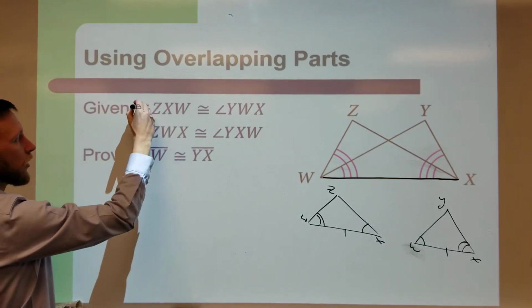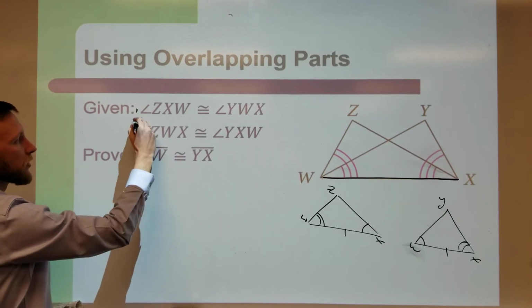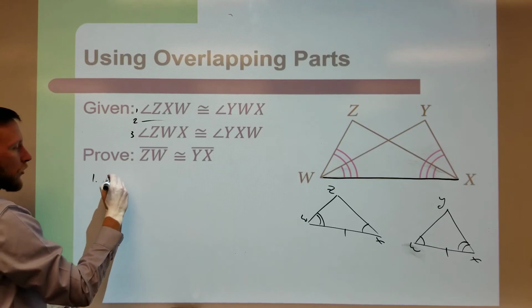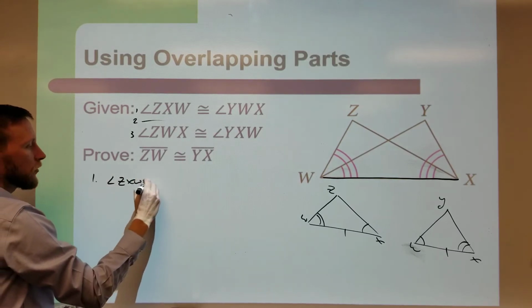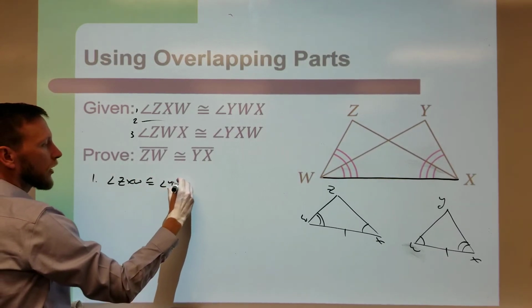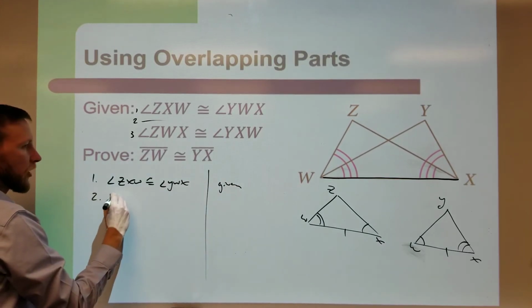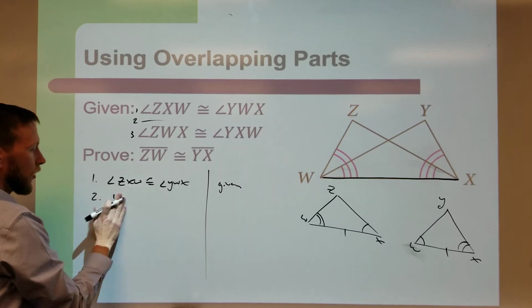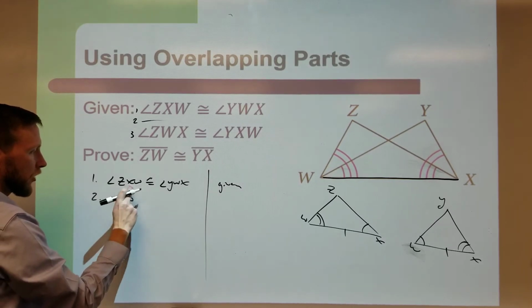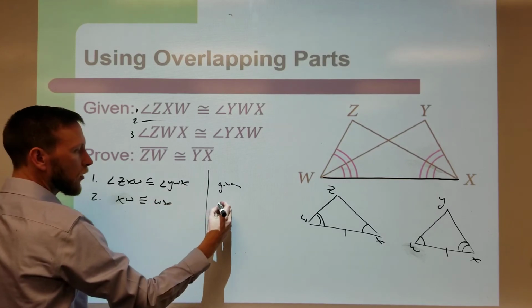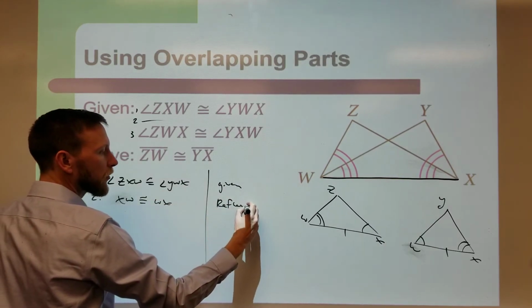This is going to be step 1, this is going to be step 3, but step 2 I'm going to use that reflexive side that I've got over there. Essentially that's going to be my proof. So angle ZXW is congruent to angle YWX, because they told us. XW, using this order, is congruent to WX, using that order, by the reflexive POC. It's the same segment.